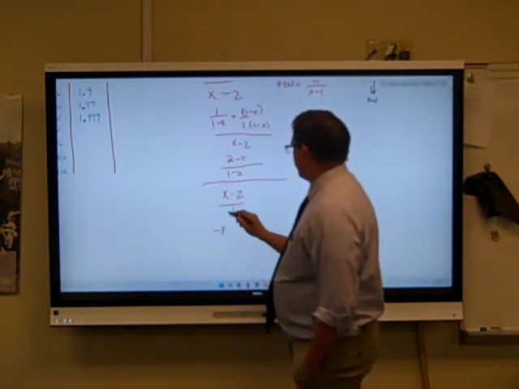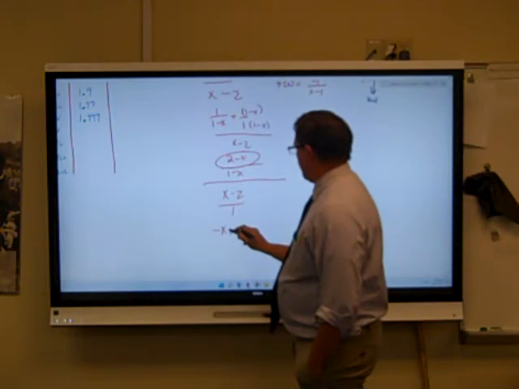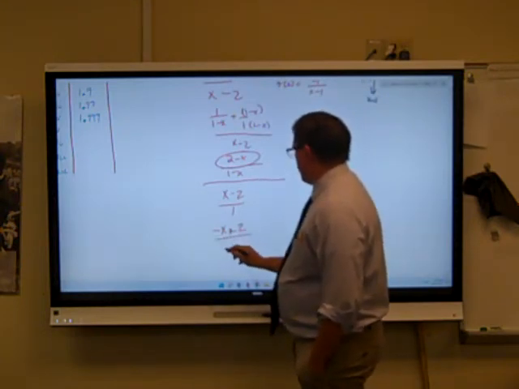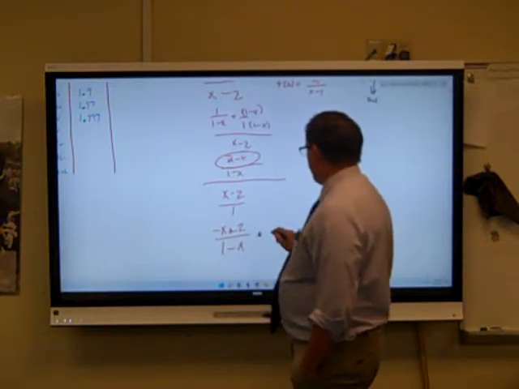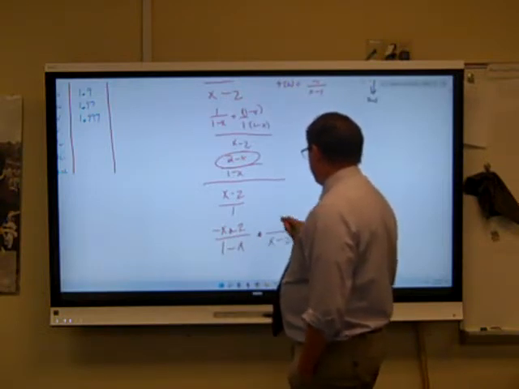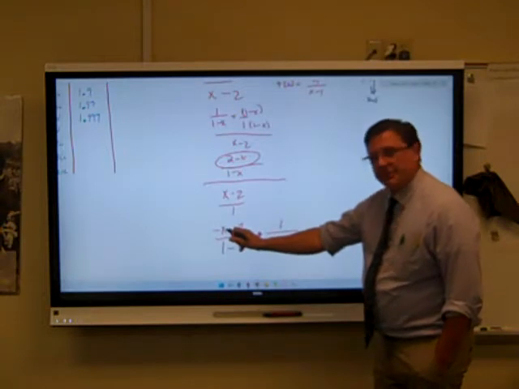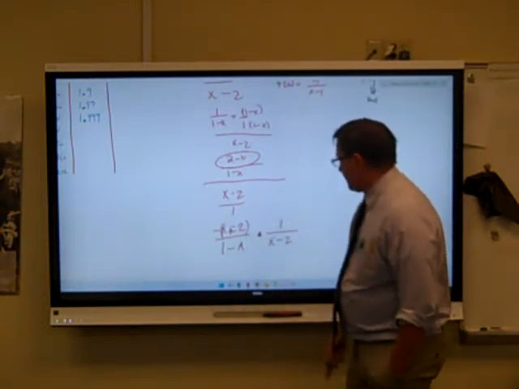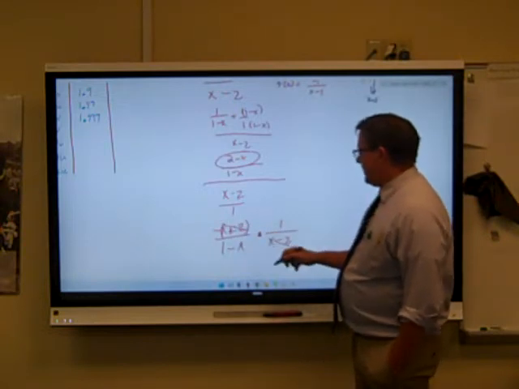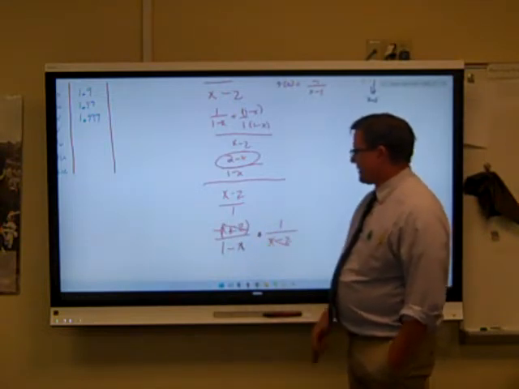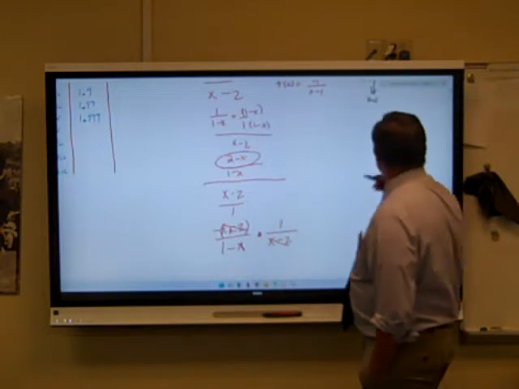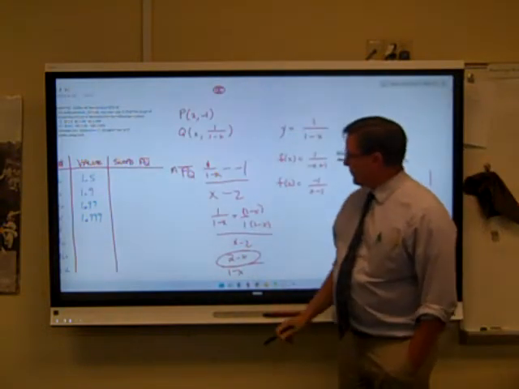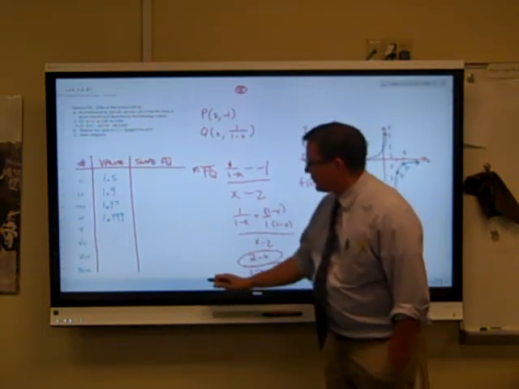Again, I'm going to change this right here to negative x plus 2, which means we're going to factor it in a second, because I'm going to multiply by x minus 2. I want you to see that this factors, that this negative sign comes out, and we can make this x minus 2. And we literally can get to 1 over 1 minus x. Now, do you need to do that? No. Does it help you put it in your calculator? Sure. Either way, we're going to use our TI calculators.